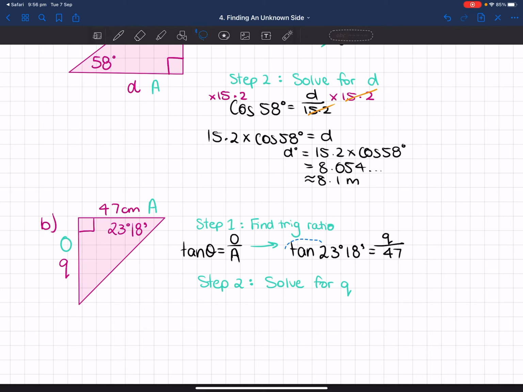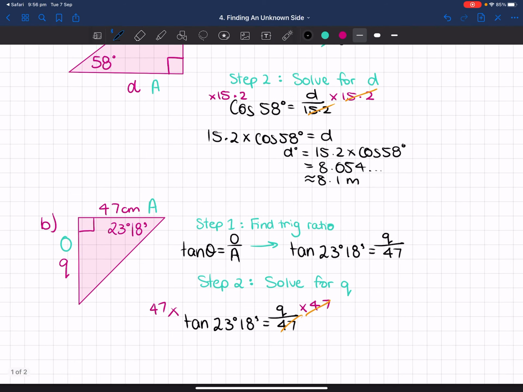Again, we're going to use what we've got, and we're going to solve for q now. Same thing: if this is our equation, we can solve for q by multiplying both sides by 47, because that will eliminate the fraction. So then we've got 47 times tan of 23 degrees and 18 minutes.